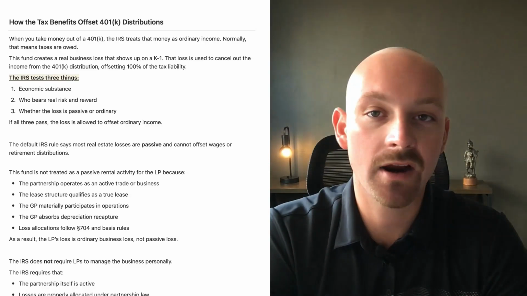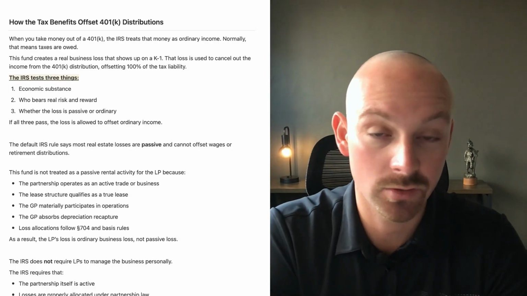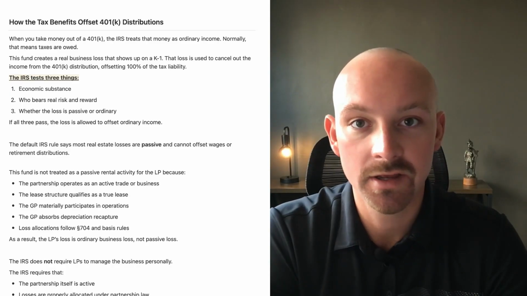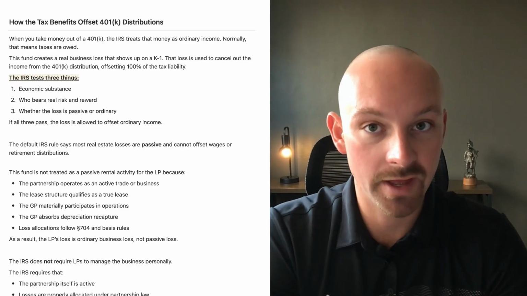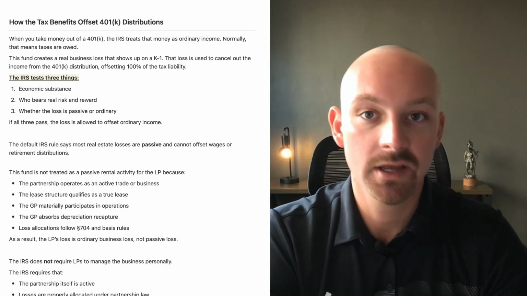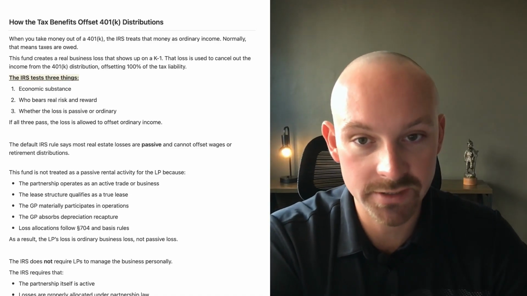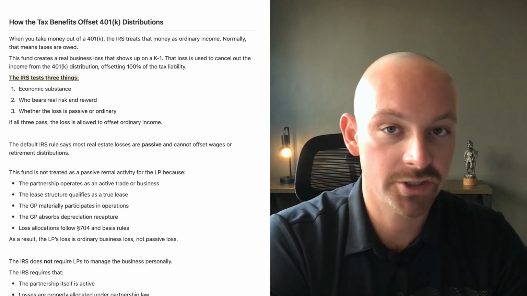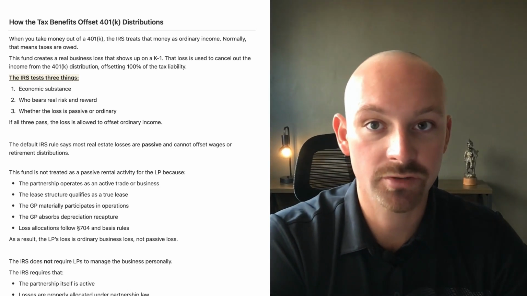The default IRS rule says that most real estate losses are passive and cannot offset wages or retirement distributions. But in this case, this fund is not treated as a passive rental activity for you, the LP, because the partnership operates as an active trade or business. The lease structure qualifies as a true lease. The GP materially participates in operations. The GP absorbs depreciation recapture.